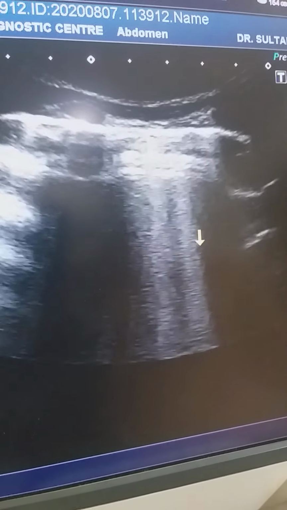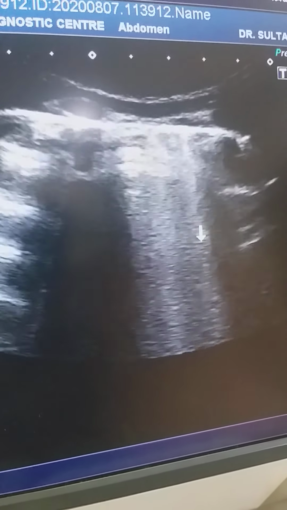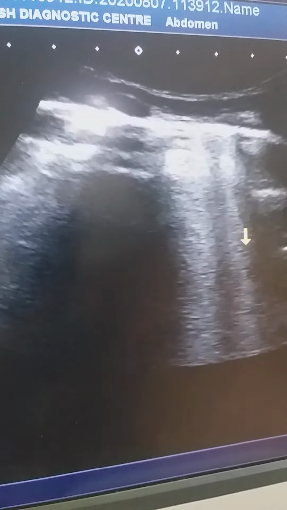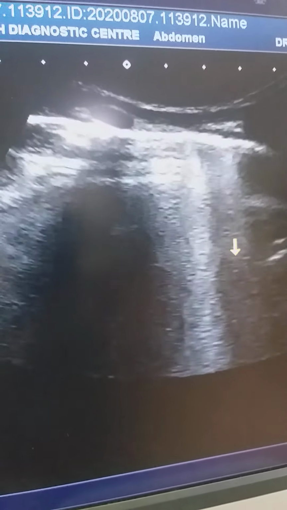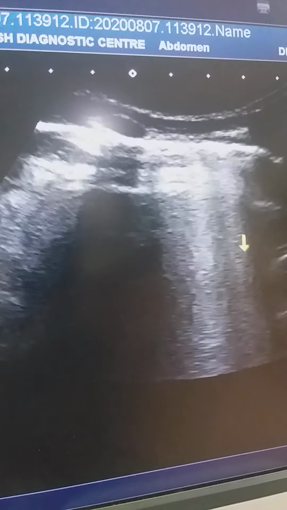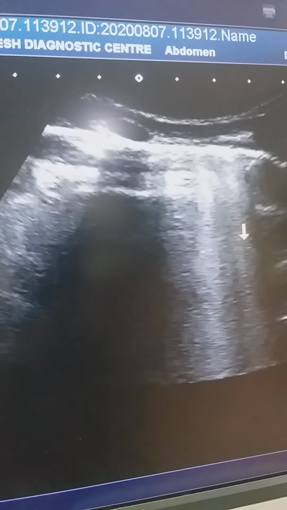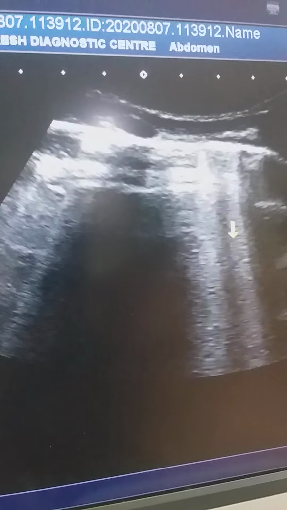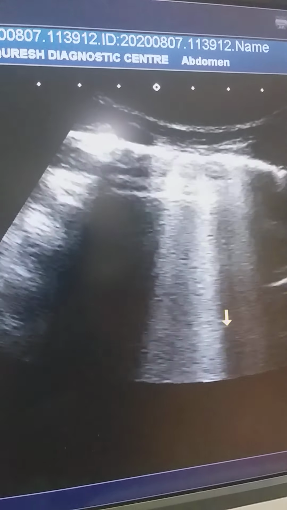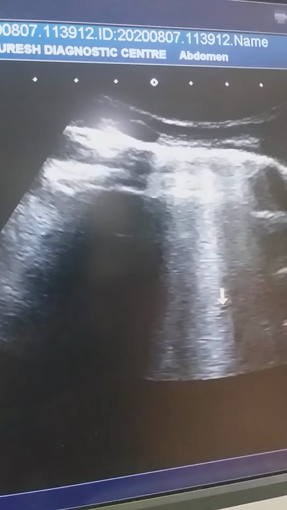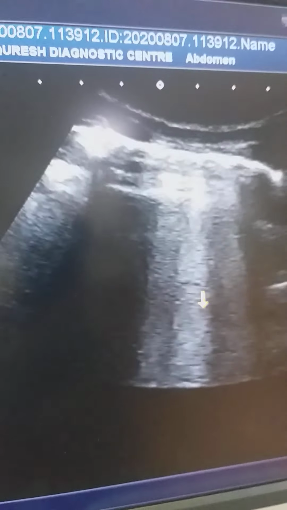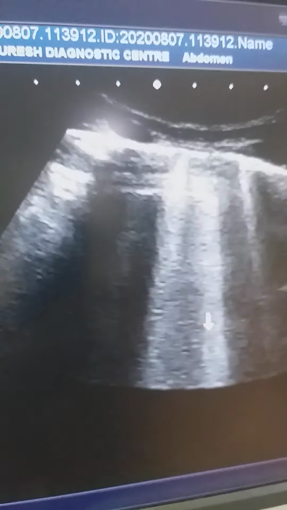So it means here also the interstitium is involved and fluid is present in the interstitium, leading to interlobular septal thickening. If these are present, B lines are in a confluent configuration and these represent the fluid in the interstitium.